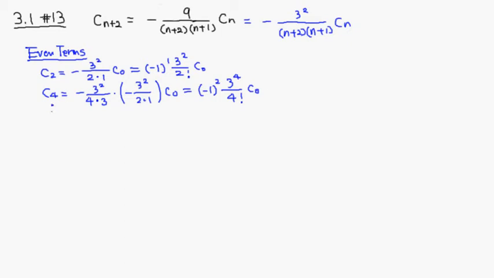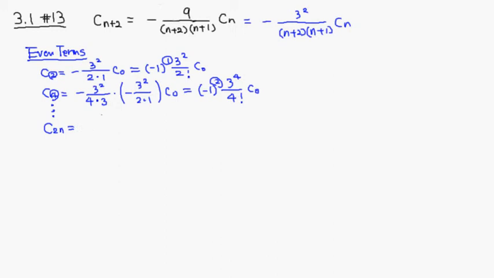So I'm looking at the pattern. C2n is going to be, the power is always half of the index: when it's 4, it's the second power; when it's 2, it's the first power.